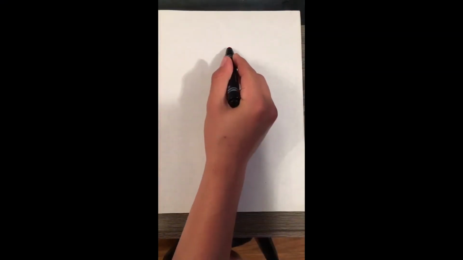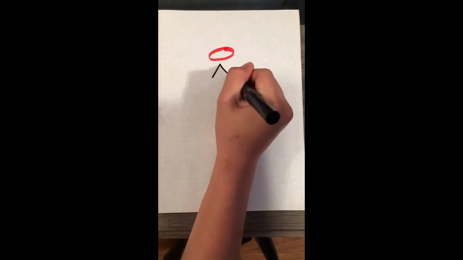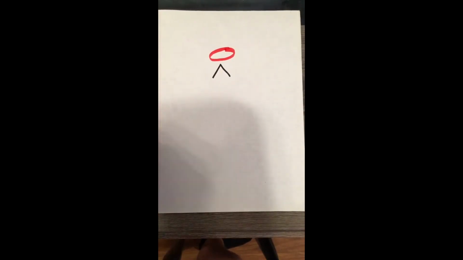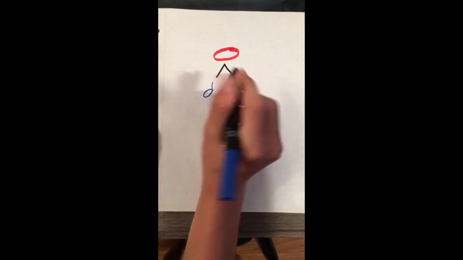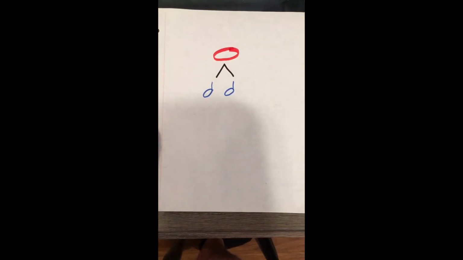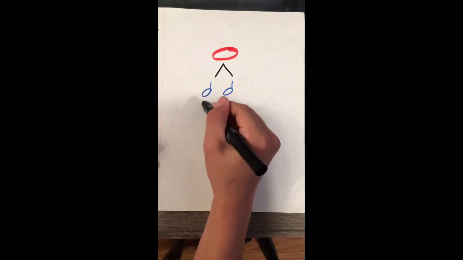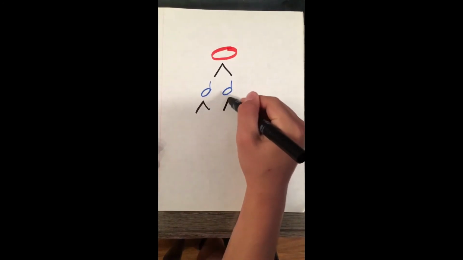Let's do a quick review of what you've learned so far, and then we'll get into the last topic. One whole note is equal to 2 half notes. A half note is equal to 2 quarter notes.